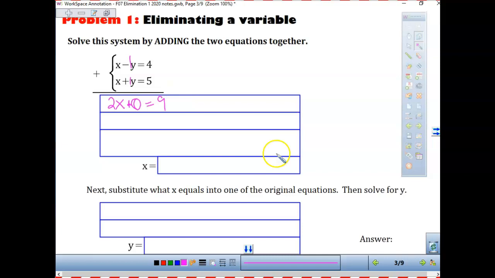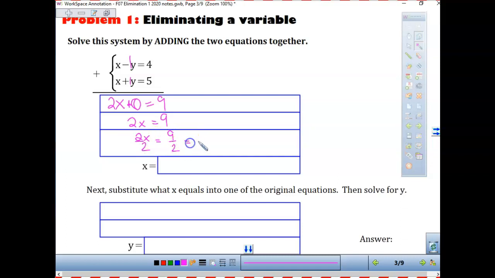So I want to simplify this. Instead of writing it as 2x plus 0, we are just going to write 2x equals 9. To solve this problem, I'm going to divide both sides by 2. Could I end up with a fraction?